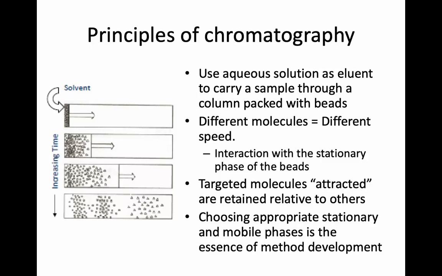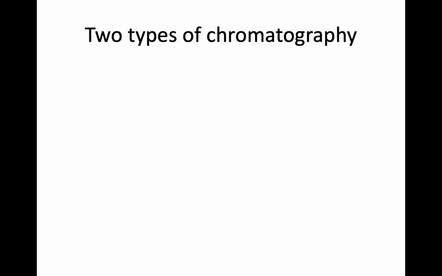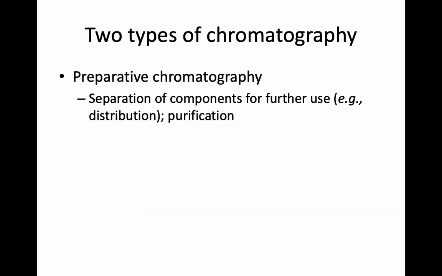It is, of course, very obvious that different molecules will have a different set of optimal beads with which to interact. So choosing the right material in your column becomes a critical part of your chromatography assay. So we're going to talk about two types of chromatography today.